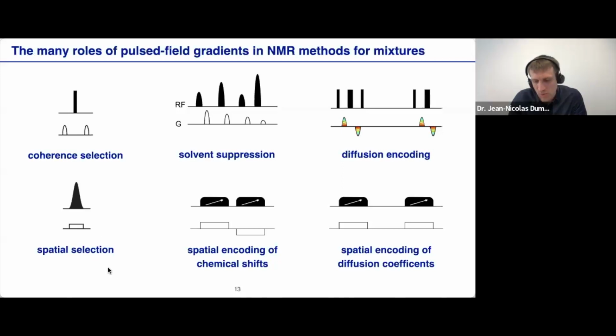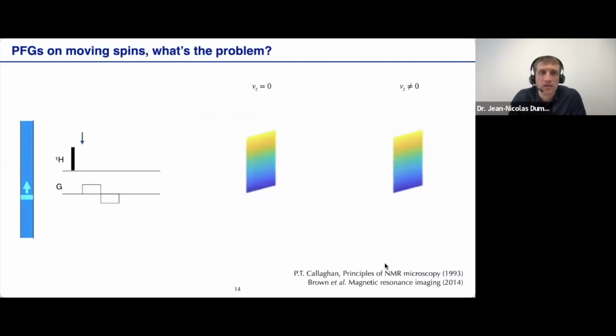This basic feature is used everywhere in NMR spectroscopy, in solution state NMR at least, and very much in methods for the analysis of mixtures of small molecules for a variety of tasks, be it coherent selection, solvent suppression, diffusion encoding, spatial selection, as well as spatial polarization methods, and spatial encoding of either the chemical shift or the diffusion coefficient. So these gradient pulses are everywhere.